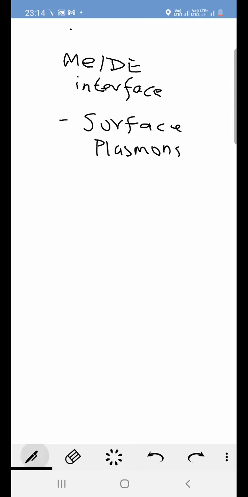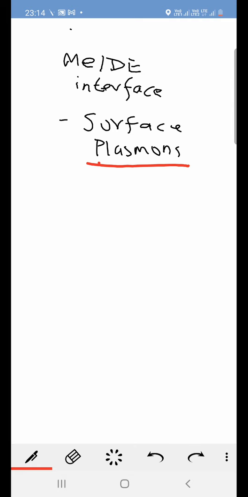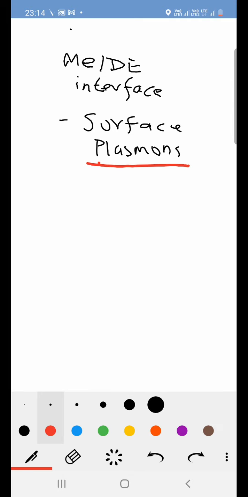Now there are some characteristics of the surface plasmons. Why is it totally different from normal plasmons?